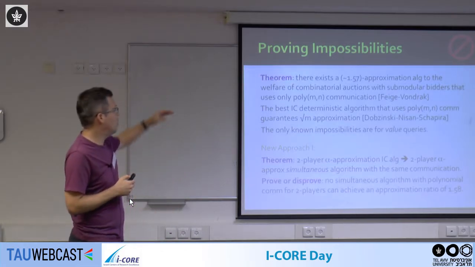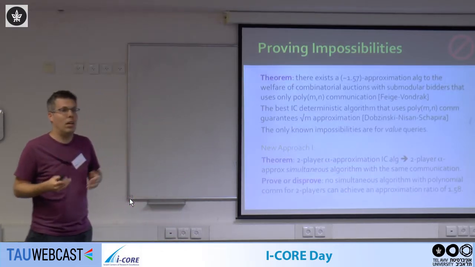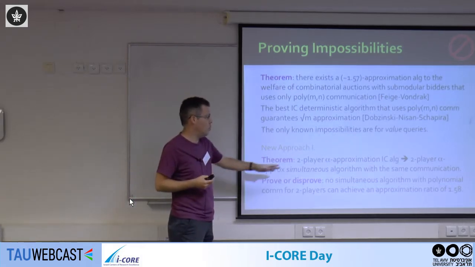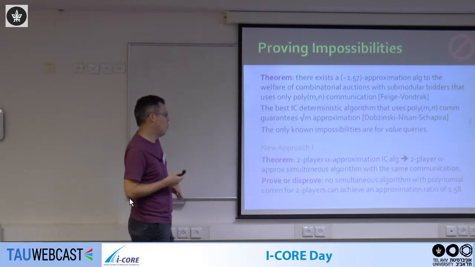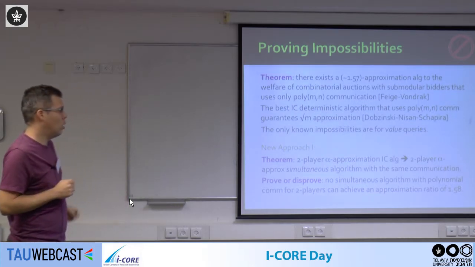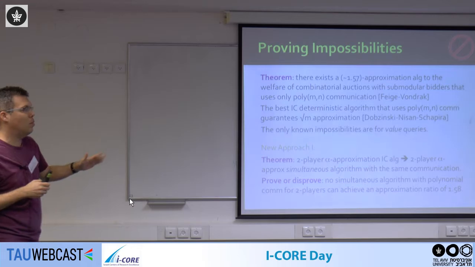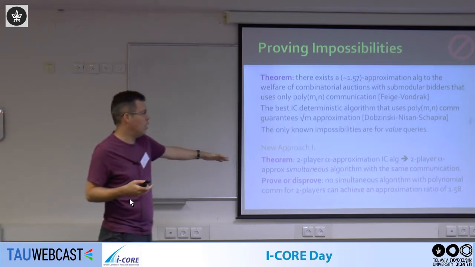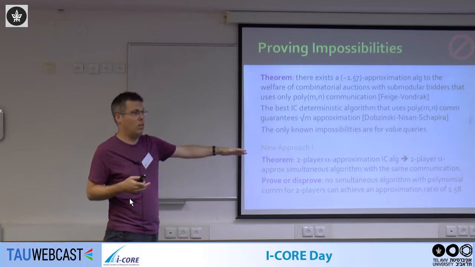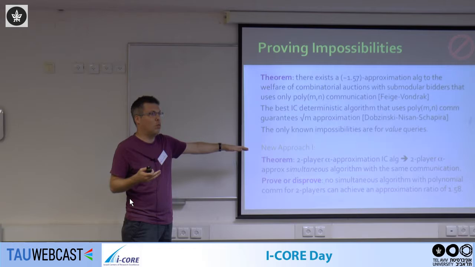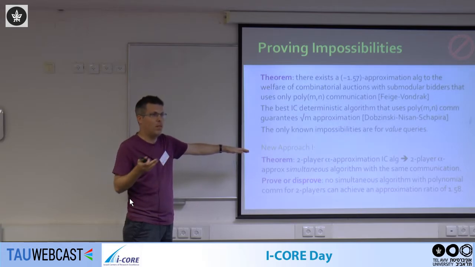So if we want to prove some gap, if we want to prove that incentive-compatible mechanisms cannot guarantee a good approximation, you only have to prove that no simultaneous algorithm with polynomial communication for two players can achieve an approximation ratio of 1.58. If no simultaneous algorithm can achieve an approximation ratio of 1.58, this means that there is no incentive-compatible two-player algorithm, maybe even interactive, that achieves this ratio.